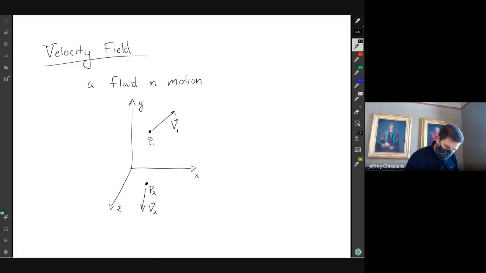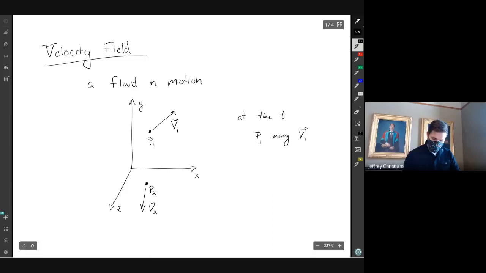So in general, at time t, P1 is moving with velocity v1 and P2 with velocity v2. In general, velocity changes with position.